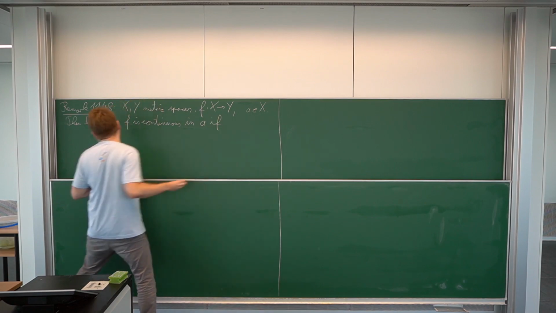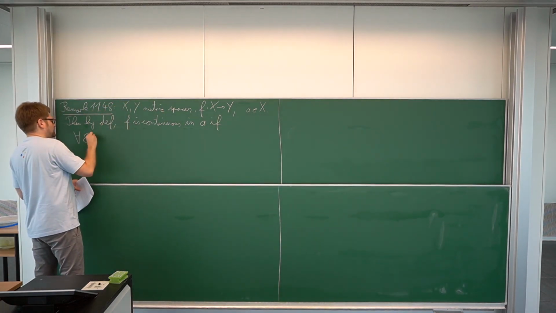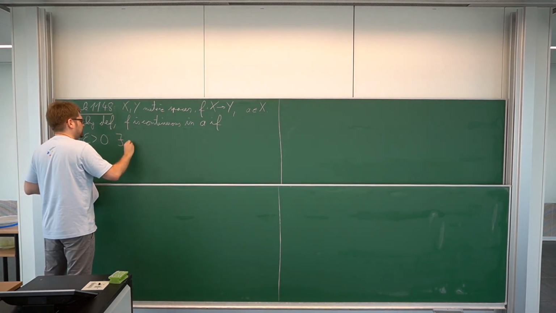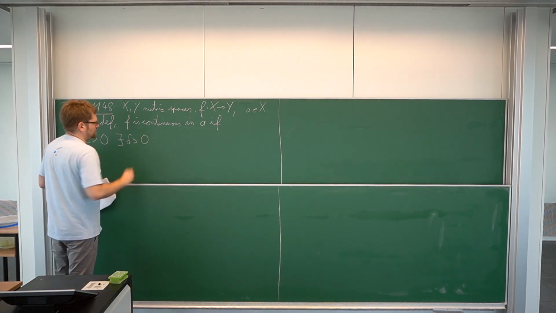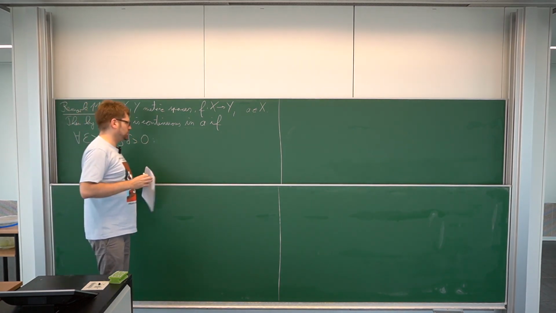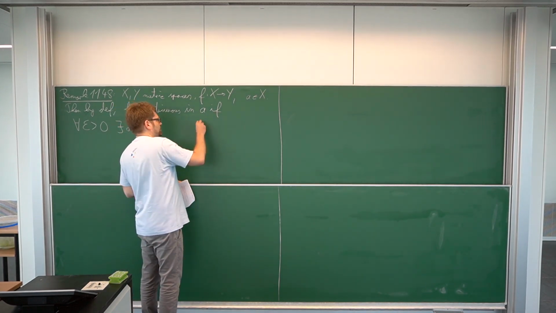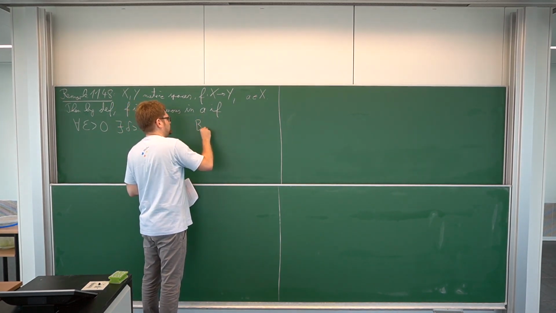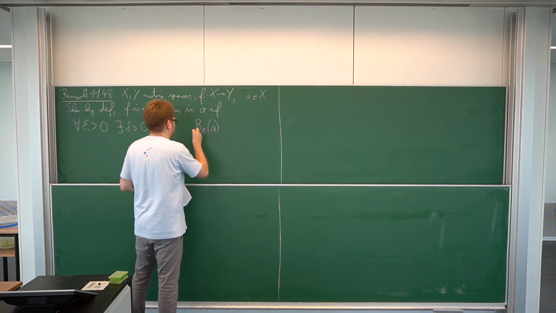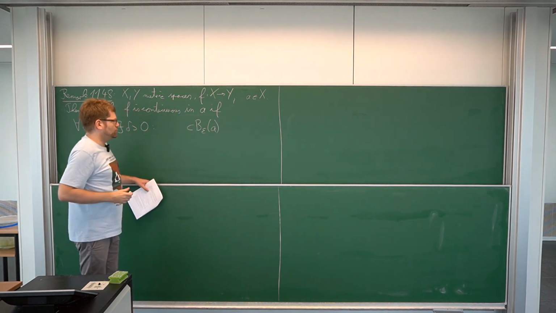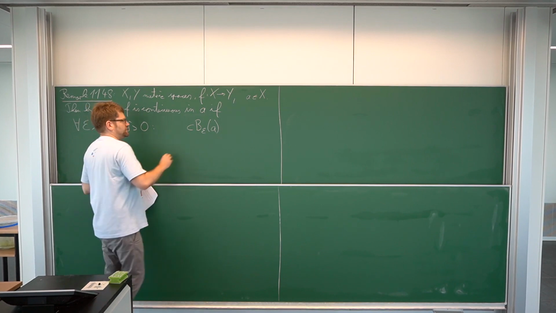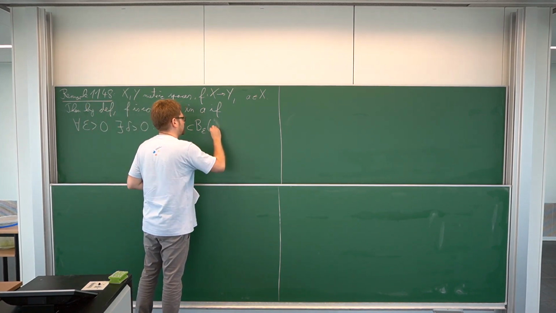if the following holds: for all epsilon bigger than 0, there exists delta bigger than 0 such that the distance of values of f is smaller than epsilon, meaning that the values of f are inside the epsilon ball around f of A. And now which values?